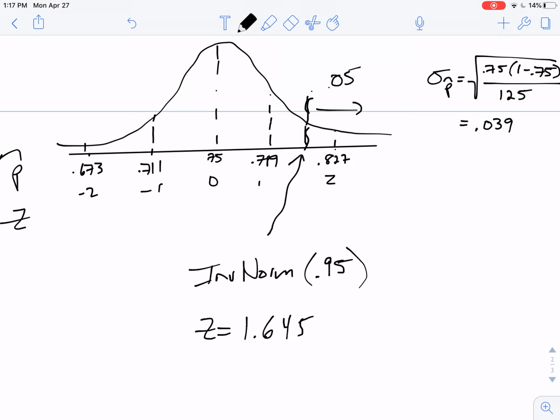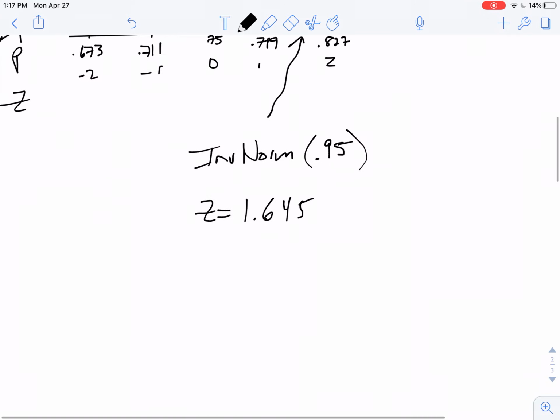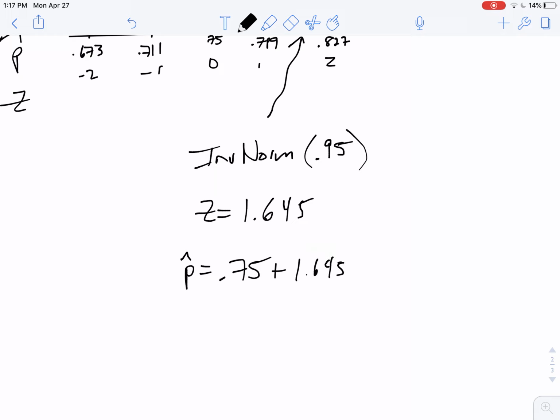Okay, so that's my z-score, and then I need to convert that back to a p hat value. And I do that by taking the mean, adding the z-score times the standard error. Okay, and if I do that, I end up with a sample proportion of 0.814.